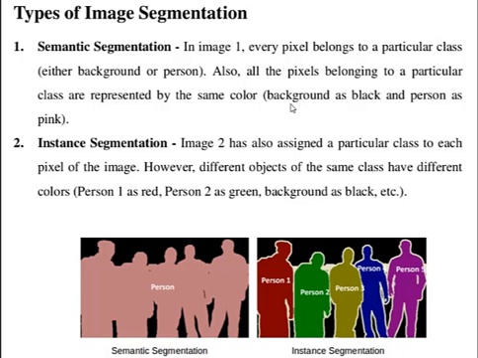Then image 2 has a particular class for the pixels, but there are different objects of the same class. Like here the class is person, and the different objects are person 1, person 2, person 3, person 4, and person 5. As we know, an object is an instance of a class.